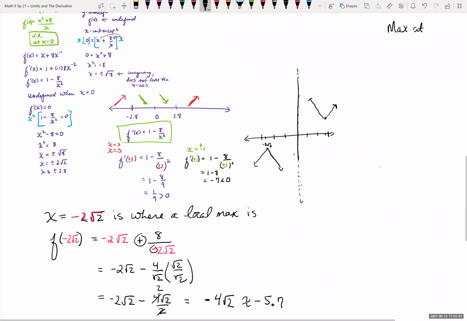So we found that point where that max occurs: -2 root 2, comma, -4 root 2. This point is kind of down more here then.